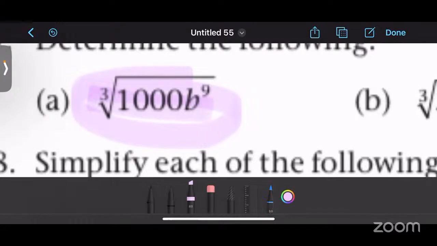Ma'am, is it a square root? It's a cube. No, ma'am. Square root. Yes, ma'am. I mean, how do you call this whole thing?